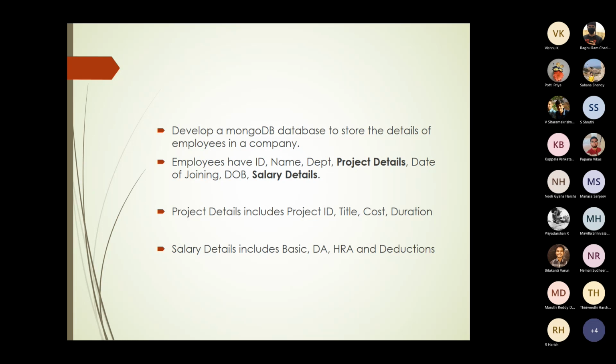Salary details include basic, DA, HRA, and deductions. First you need to write down the MongoDB schema for it, and then store some data into it, and then retrieve and see how it is happening. Try out the basic operations using this particular database.